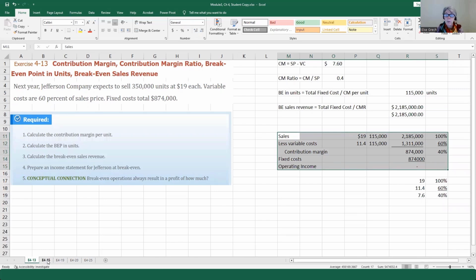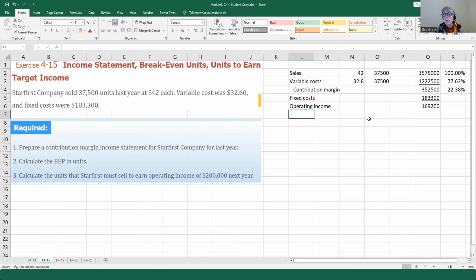But this one, of course, is not a break even. We know it's not a break even. We can see that we're actually ending up with a profit right here. I'm going to just double underline the profit right here. Calculate the break even in units. So now let's think to ourselves, the number of units that's going to be break even.